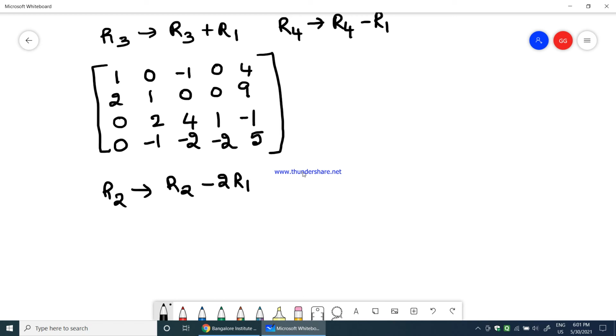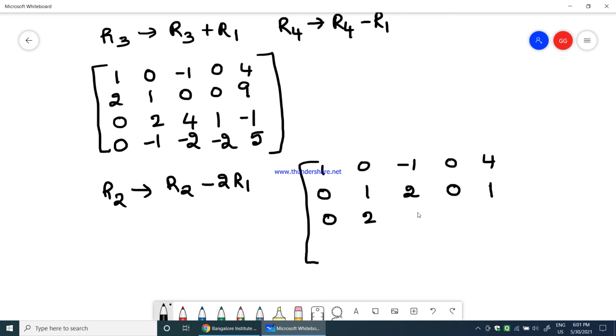So what will I get here? 1 0 minus 1 0 4, 2 minus 2 is 0, 1 minus 2 into 0 remains 1, 0 minus 2 into minus 1 is plus 2, 0 minus 0 is again 0, 9 minus 2 times 4, which is 8, so 9 minus 8 is 1. So this is 0 1 2 0 1, then 0 2 4 1 minus 9, then I have 0 minus 1 minus 2 minus 2 5.